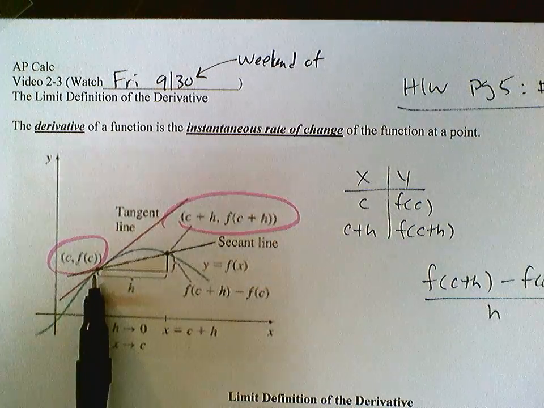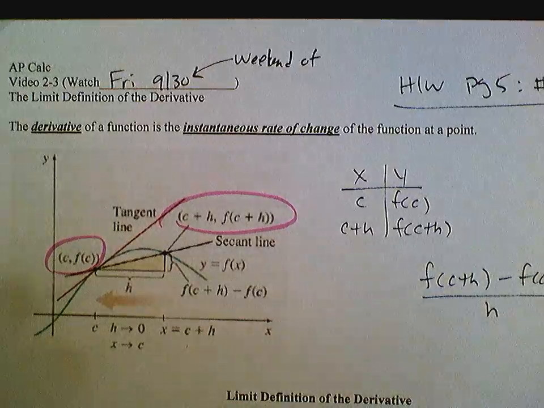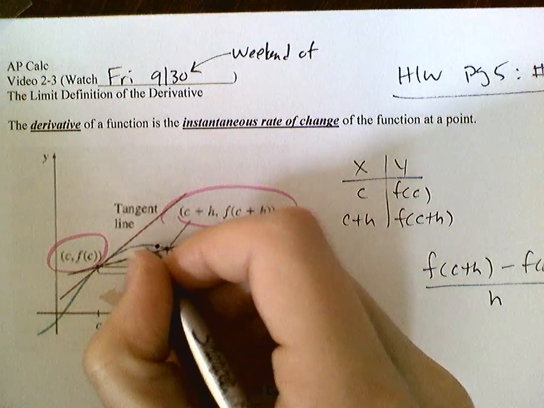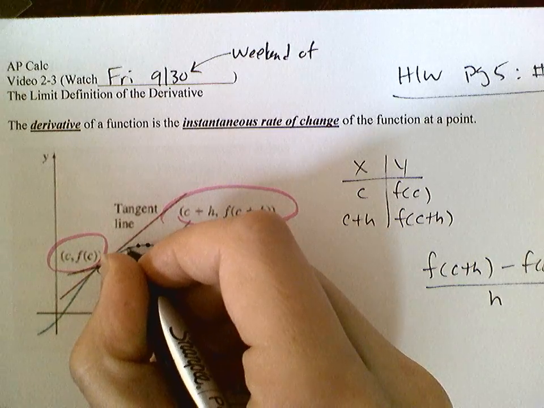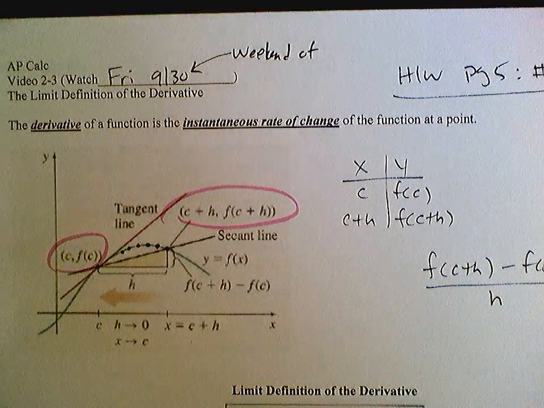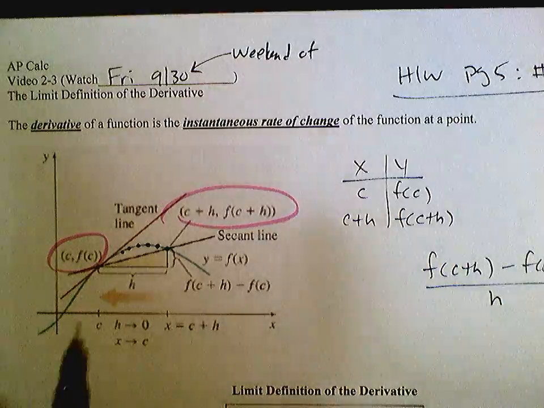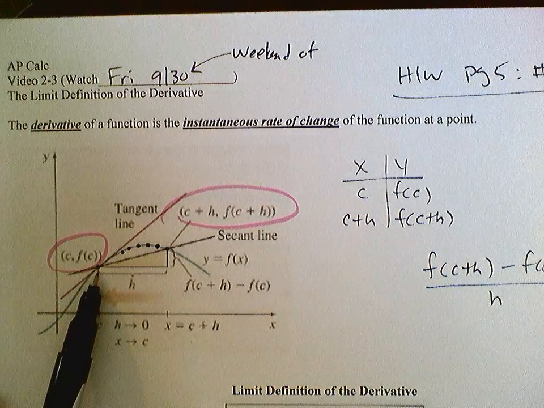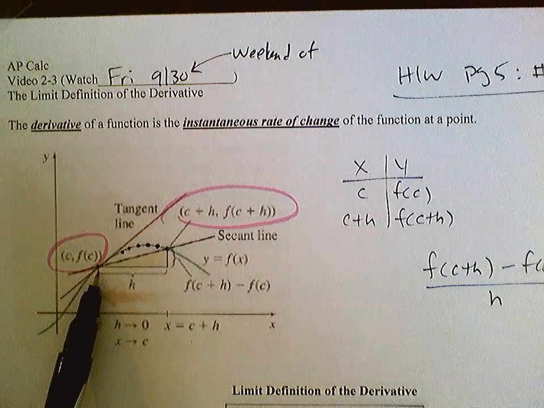So what I'm going to do now is I'm going to put a series of points on the graph, getting closer and closer to this point here. And let's suppose that we want to find the instantaneous rate of change at this very point.